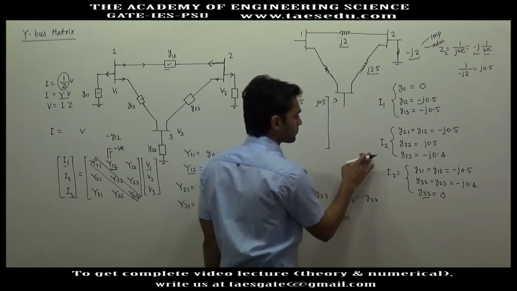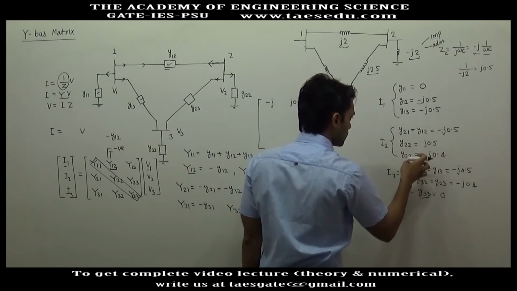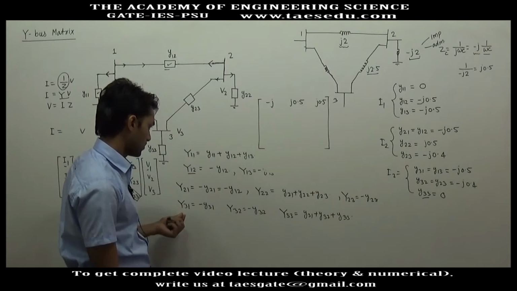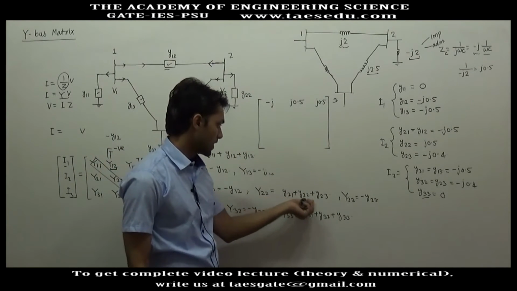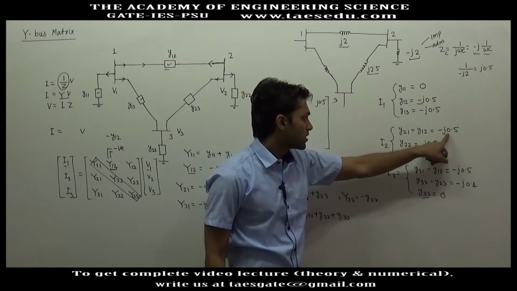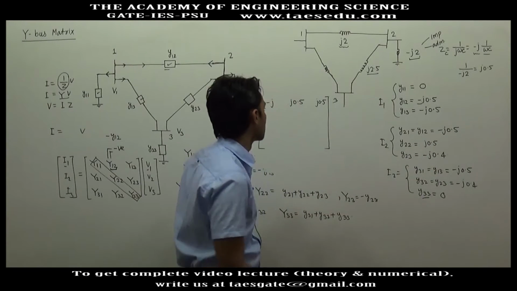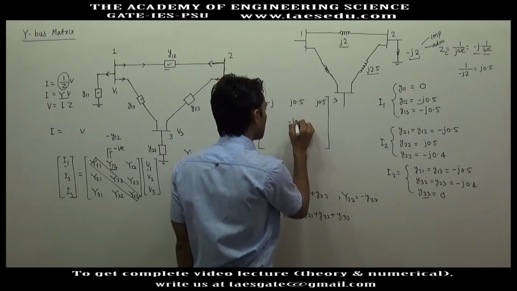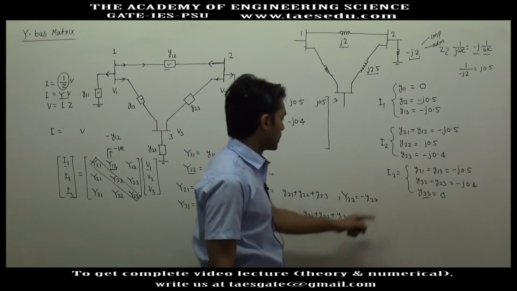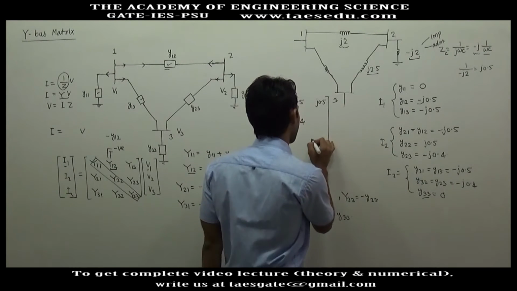Similarly for the second row, the diagonal element will be the summation of all the admittances connected to bus 2. So this will be minus j 0.5, j 0.5, minus j 0.4, so we will have minus j 0.4. And in the third diagonal element you will have minus j 0.9.